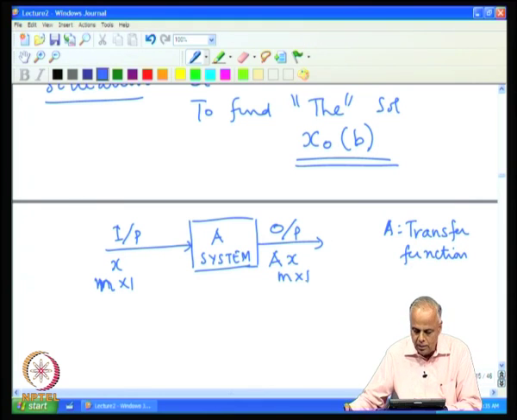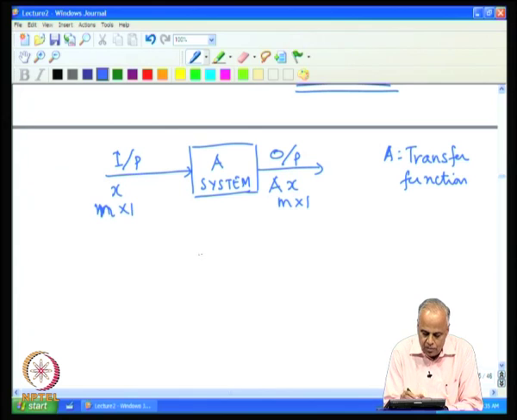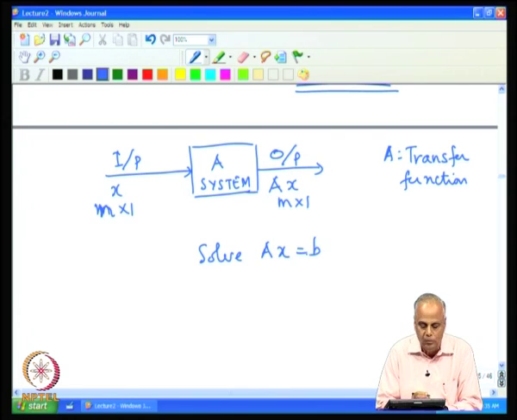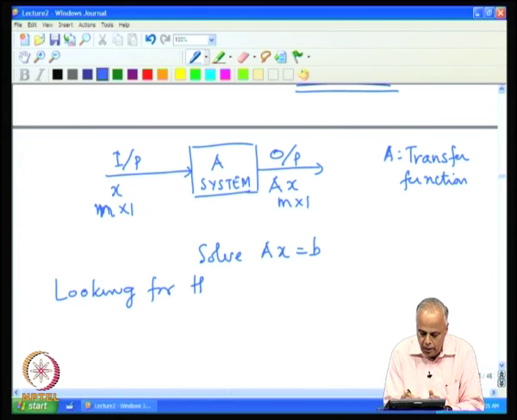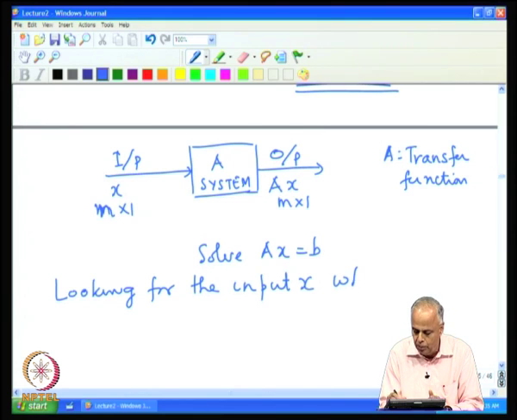What we are asking is, when we solve Ax equal to b, we are asking for a particular output b and we would like to know what the input x is. So, we are looking for the input x which will produce the output b.